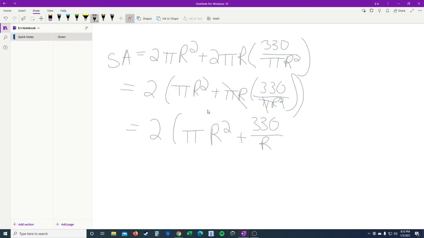So hopefully you can follow that math. That little step right there: if we were to multiply pi r times 330 and divide by pi r squared, we would have 330 over r. So that's this term right here. And this term we're leaving alone. I think that will simplify it enough for our purposes.